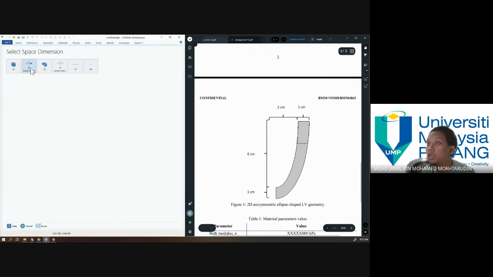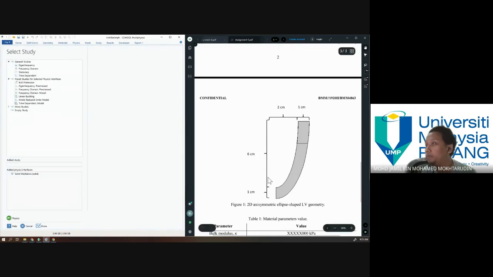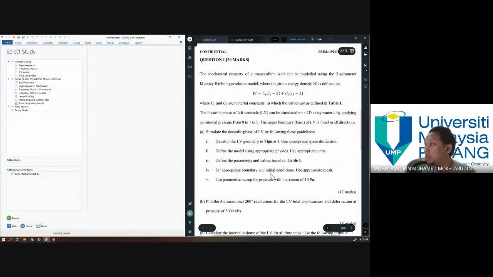So you choose 2D axis symmetric. And then this is a solid mechanics problem. And then it's a stationary study. Okay, it doesn't involve any time, no time given. So we choose stationary.